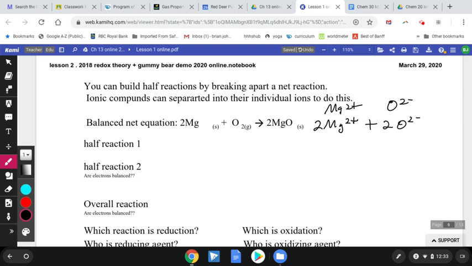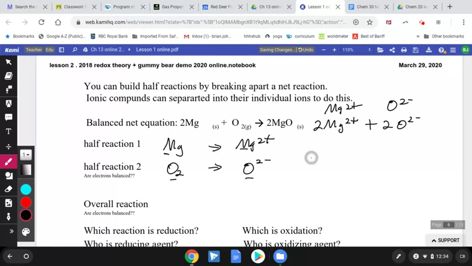Okay, so now half reaction number 1, Mg goes to Mg2 plus. Half reaction number 2, O2 goes to O2 minus. In a half reaction, you have to keep the same chemical: magnesium and magnesium ion, oxygen and oxide ion.